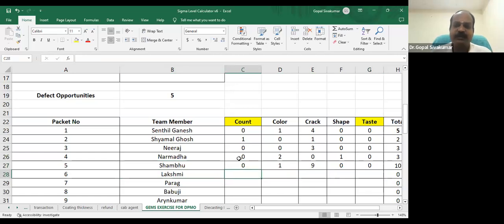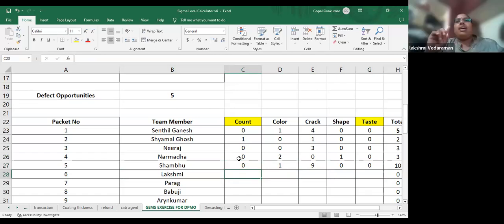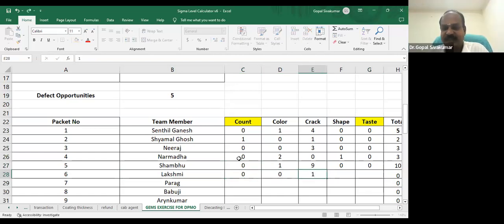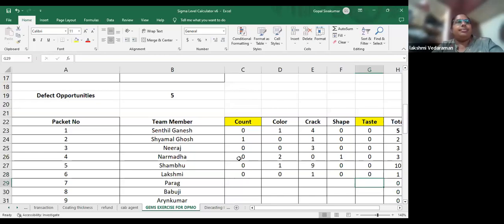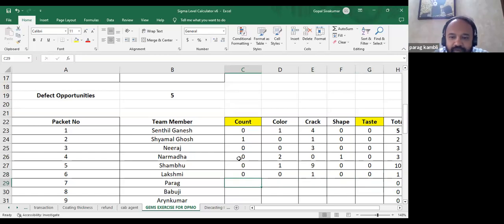That's enough. Now that people have understood. Please unmute yourself. Crack 1, remaining all 0. Only 1 crack, remaining 0. All right. Then Parag. Crack 4.